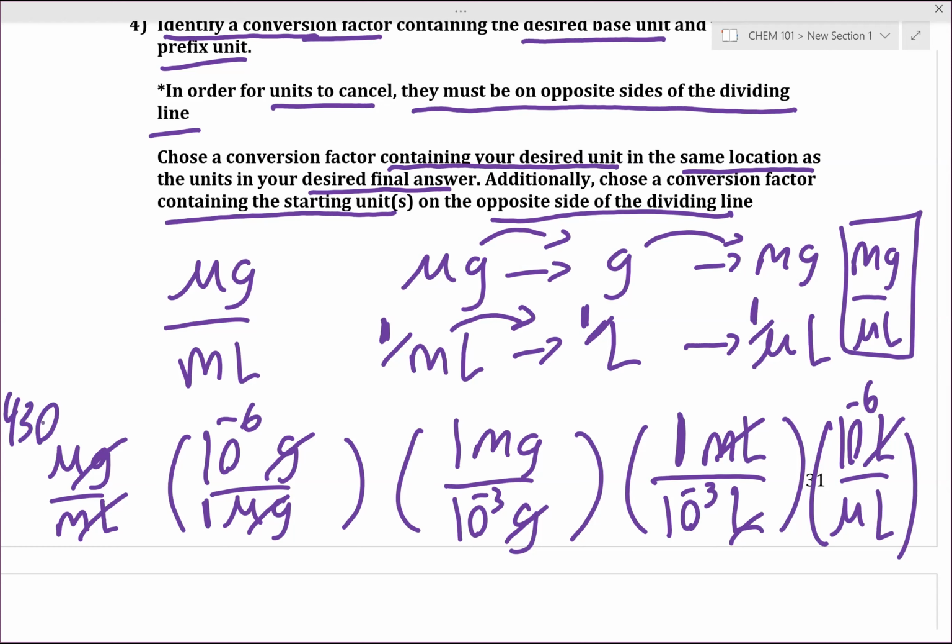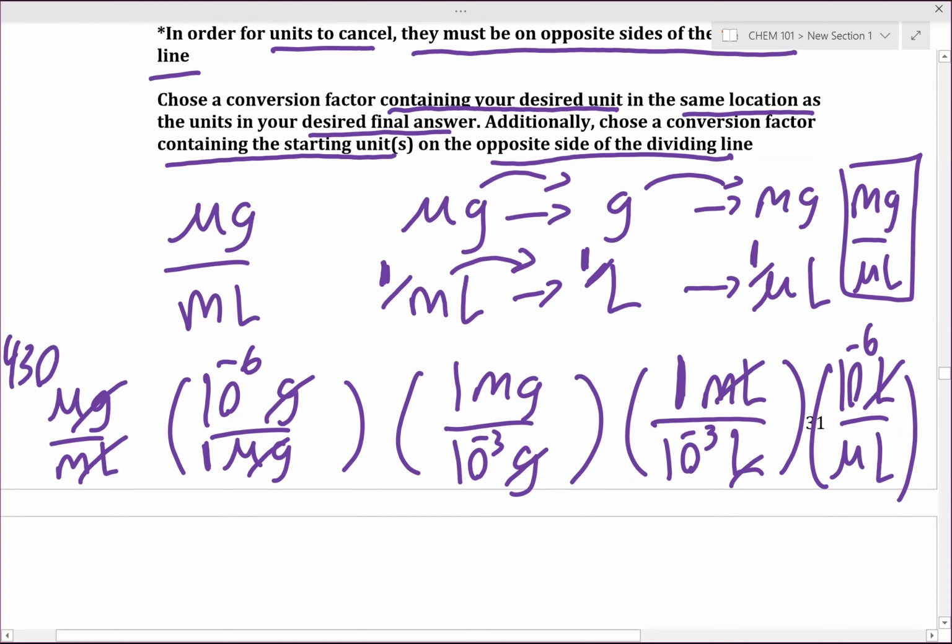I would highly recommend following along when we do these calculator inputs, as common calculator errors will result in point deductions on quizzes and exams. So just to clarify, our final answer in this is 4.3 times 10 to the -4.